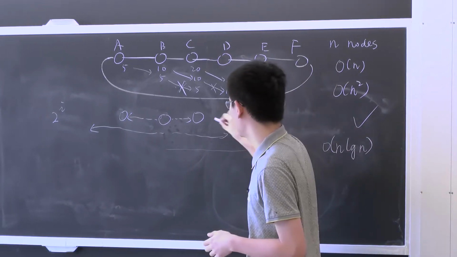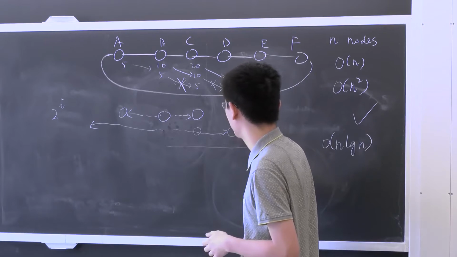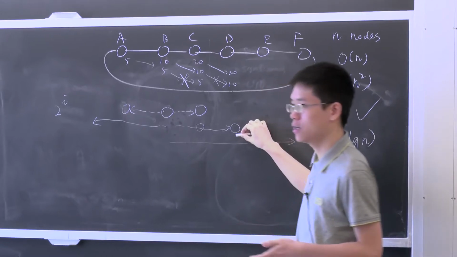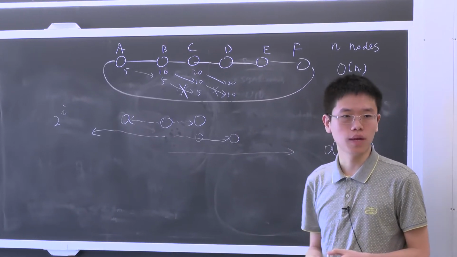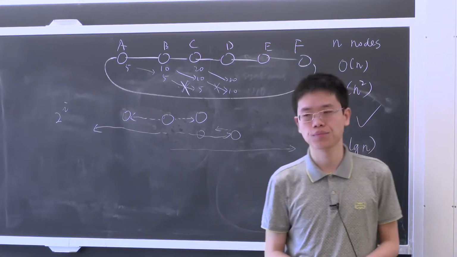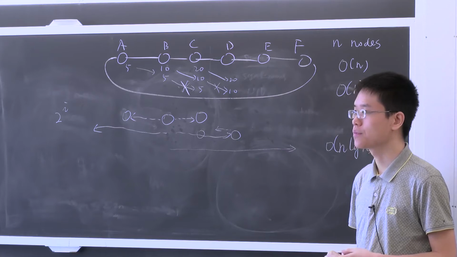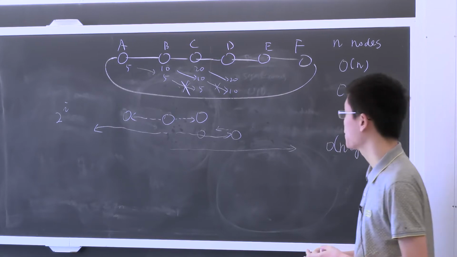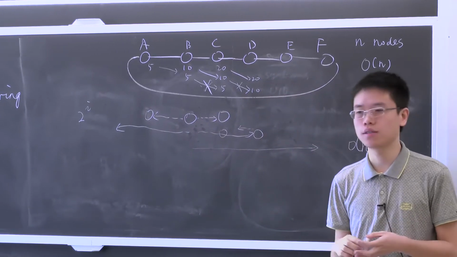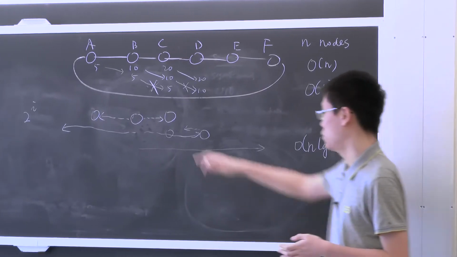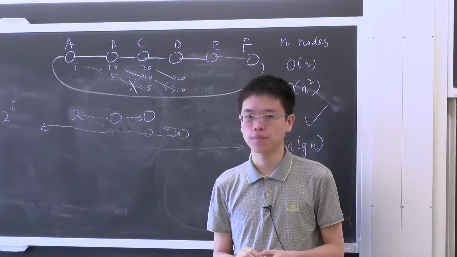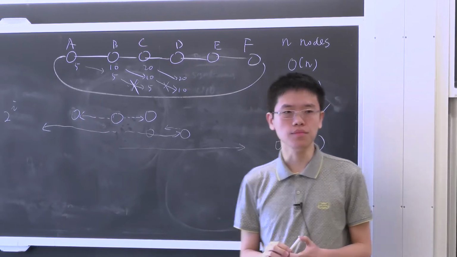If this message successfully reaches this endpoint, that 2 raised to I hops, then this node will respond. And if it still thinks you are the local maximum, then it will respond with the message saying, yeah, continue. And if the sender receives this continue message on both sides, then it will continue into the next round. Otherwise, it will go inactive. Is the algorithm clear?